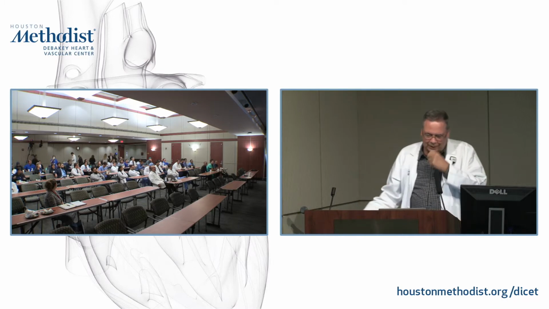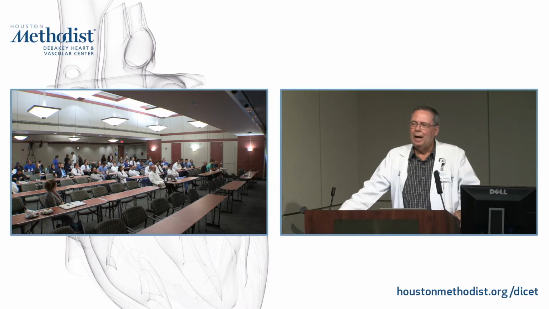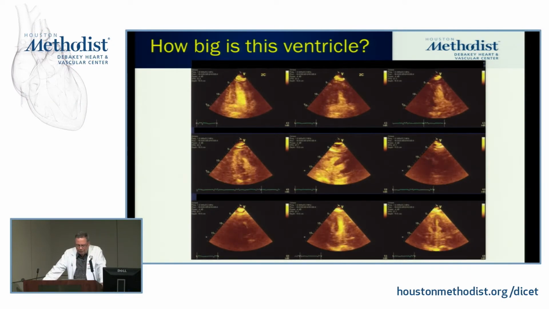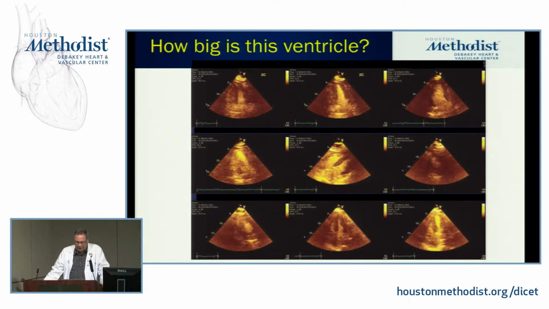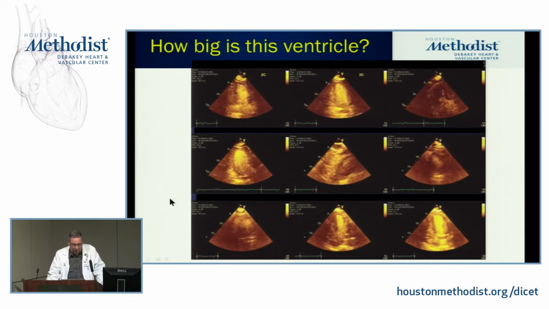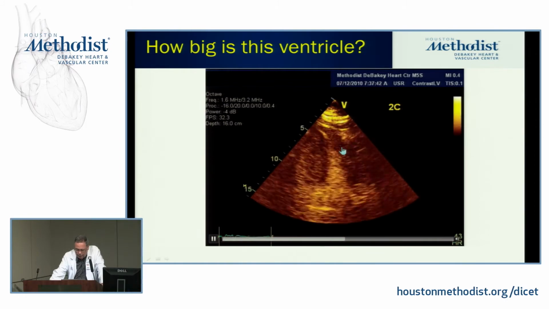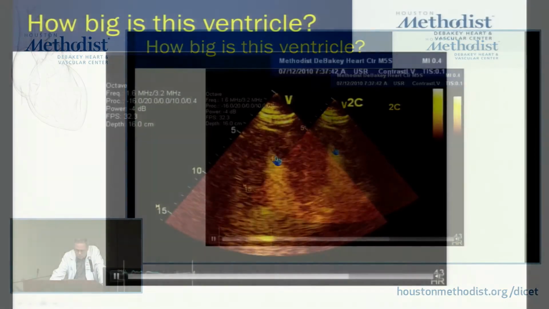All right. So this is an extreme case, but it shows you how contrast changed the game plan for all of us. So the same heart, just taking a little bit of, I can't remember if it was Optison or Definity, throwing it in, and this is what you get. Not only can you tell about the EF, which is pretty good, but look at the detail. There's a little bit of obstruction of the cavity right here.